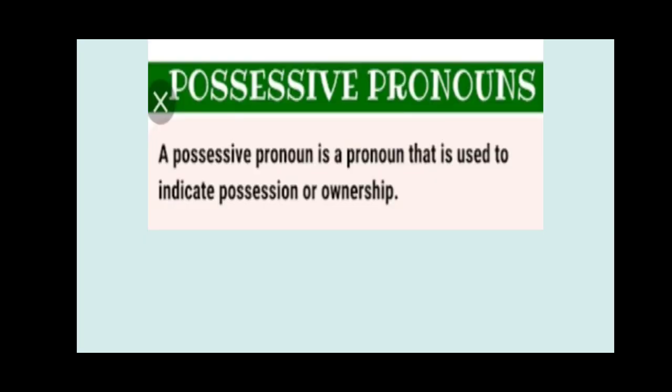After that comes the possessive pronoun, which is a kind of pronoun that is used to indicate a possession or ownership. The different possessive pronouns are mine, yours, hers, his, ours, yours, and theirs.